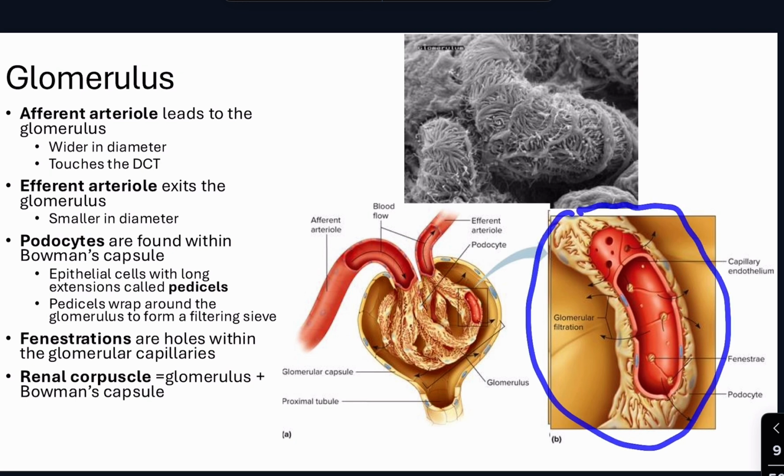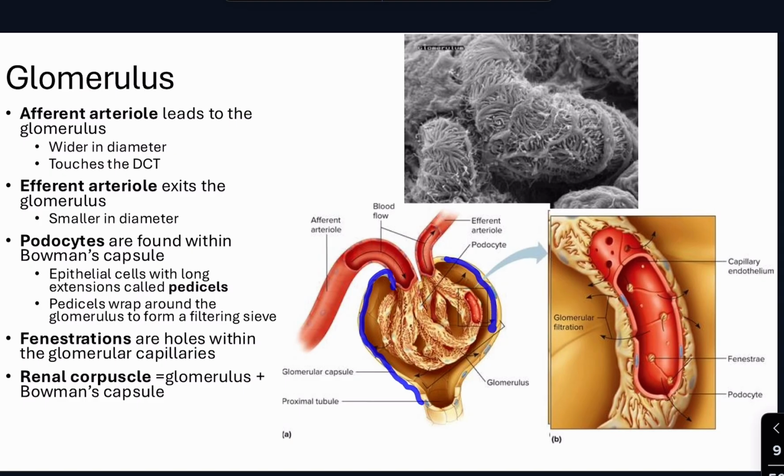Podocytes. Podocytes are something that you should be aware of. These are found within the Bowman's capsule, right? And they're going to be also surrounding the glomerular capillaries. Okay, now podocytes are cells, and you can see over here, they're surrounding all of these glomerular capillaries, right?